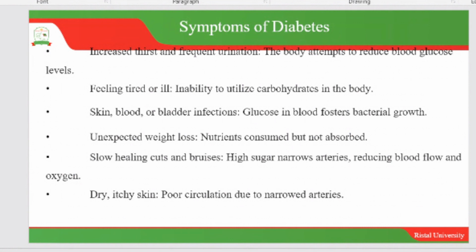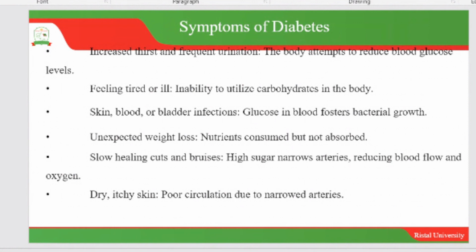So the infections in the bladder are because, as the urine is being formed, since there is a lot of glucose in the blood, some of the glucose will leak into the urine, and when it stays in the bladder for some time, the microorganisms will feed on it, then they will multiply, and hence bring infections of the bladder.